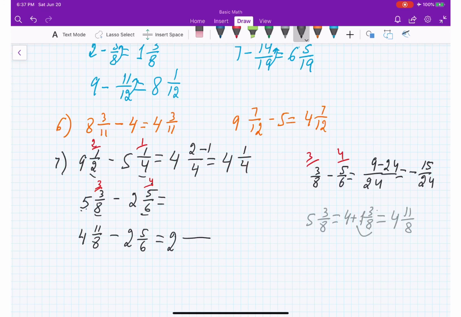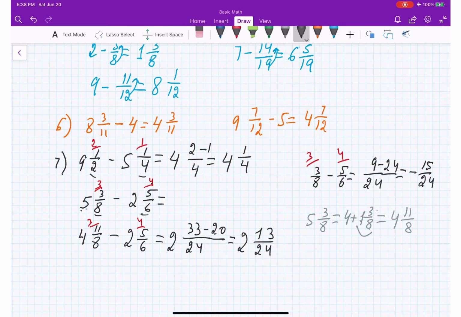Common denominator 24, here we get 3, here we get 4, and 3 times 11 is 33, minus 20, and there we go, we are getting 2, and 33 minus 20 is going to be 13 over 24. Can we simplify 13 over 24? No. And that means this is going to be our answer.